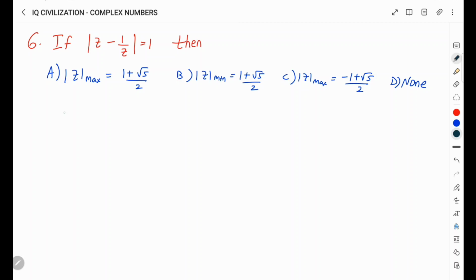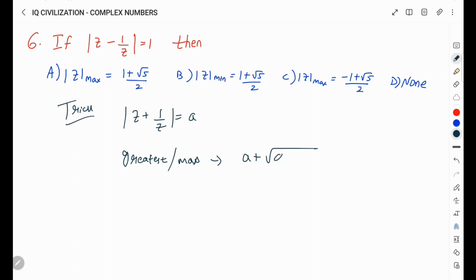So here the shortcut trick is, whenever |z + 1/z| is equal to a, then for the greatest or least values, for example, if the greatest value or max is asked, the formula is (a + root over a² + 4) by 2.